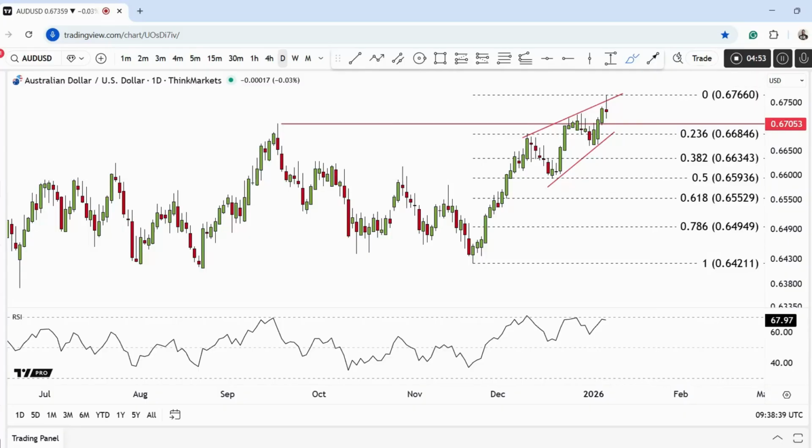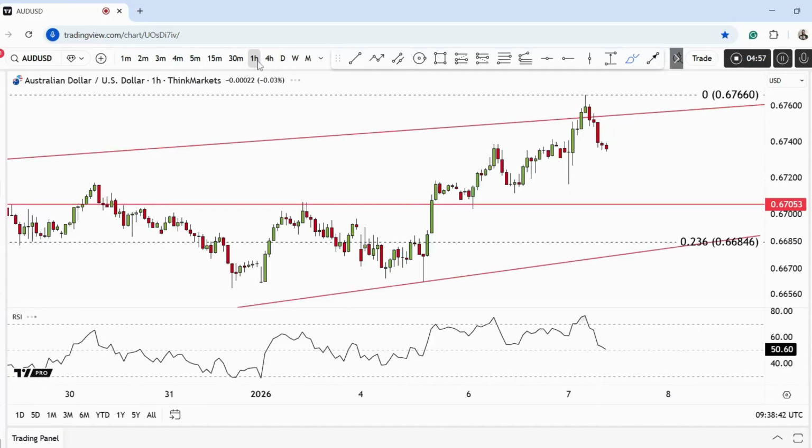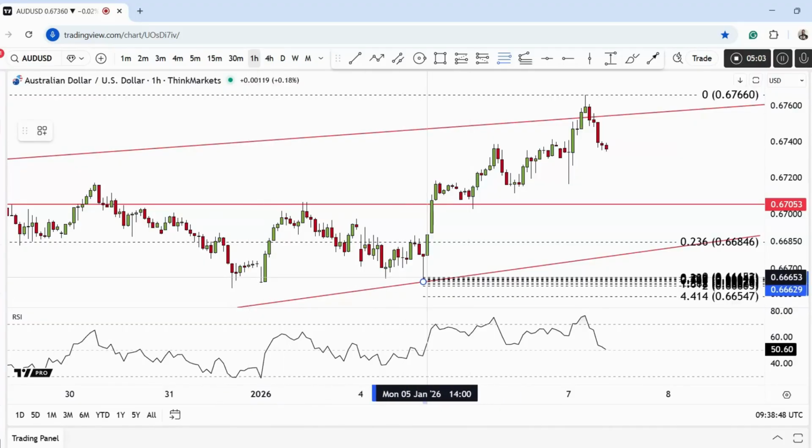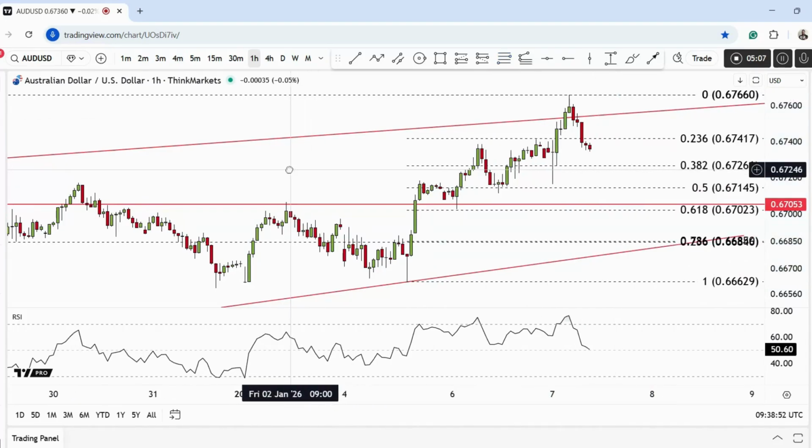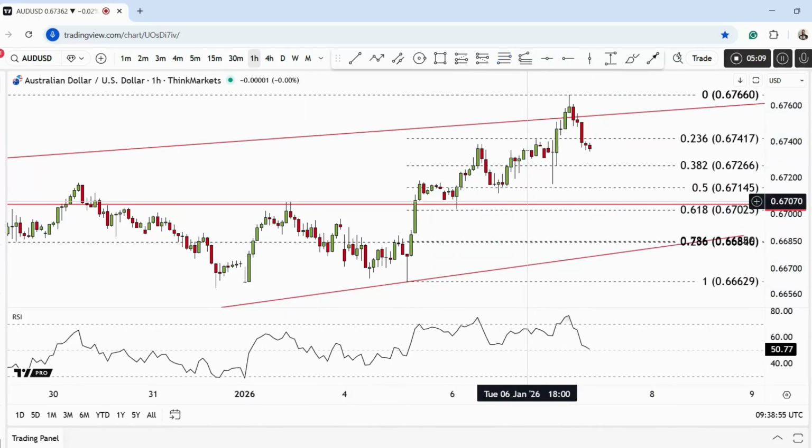Now, as we're looking at the technicals, I want to go down to the 1 hour chart and repeat this process. We are going to take that low and the top, and on the 1 hour, at the peak here, prices could perhaps come down to the 50%.